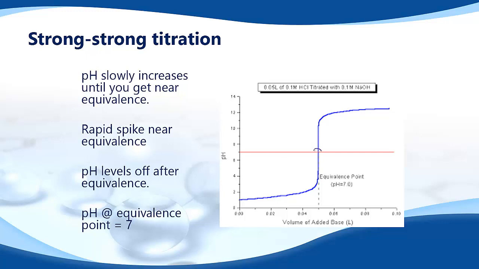So equivalence pH is 7 for any strong acid, strong base combination. And why is it 7? Well, let's look at our HCl and NaOH, right? So HCl plus NaOH will form sodium chloride plus water, or for our net ionic equation, H+ plus OH- yields H2O.